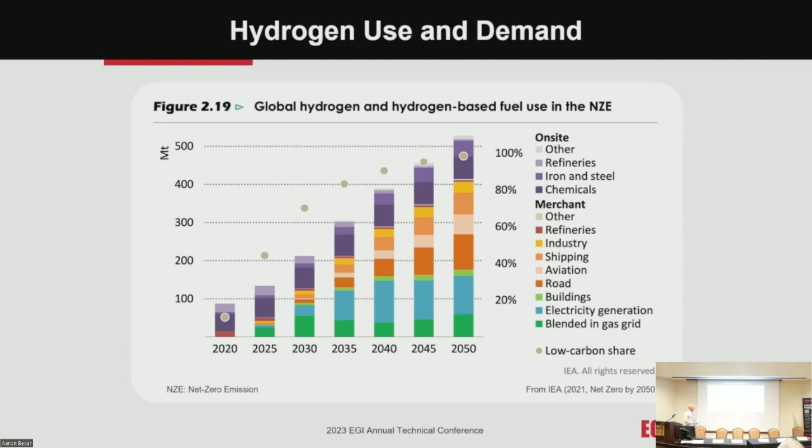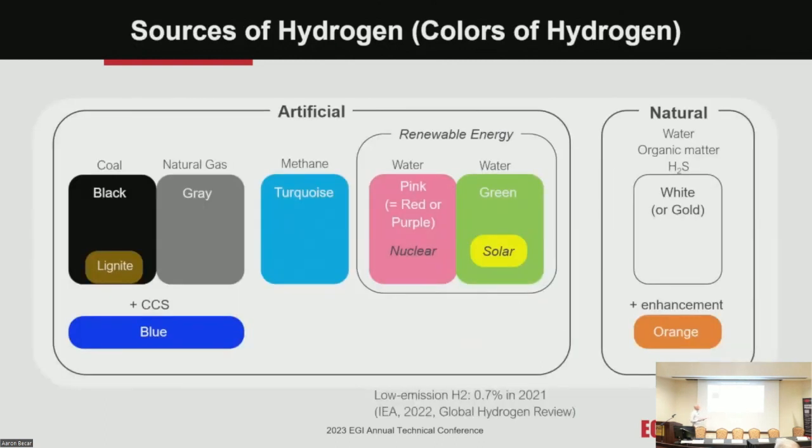Another thing we expect is that most of the hydrogen will be produced using low emission methods. Now the question is, what are low emission methods?